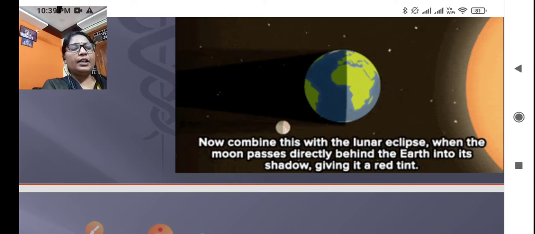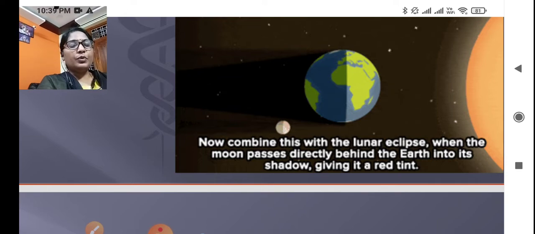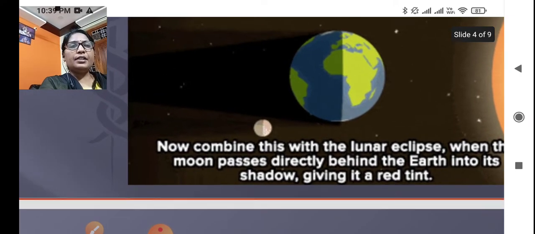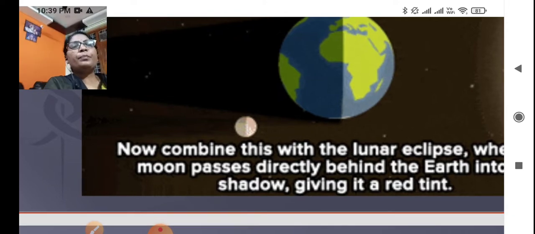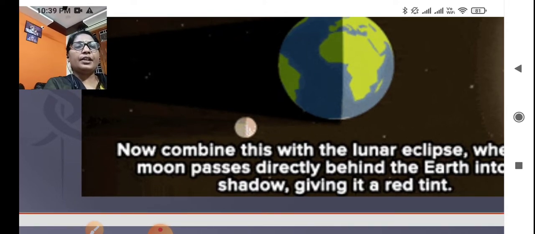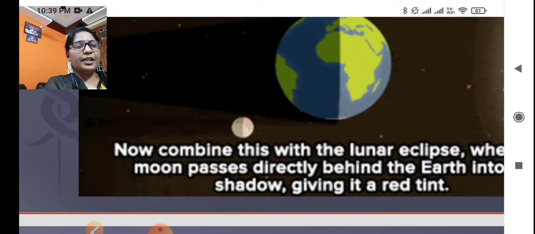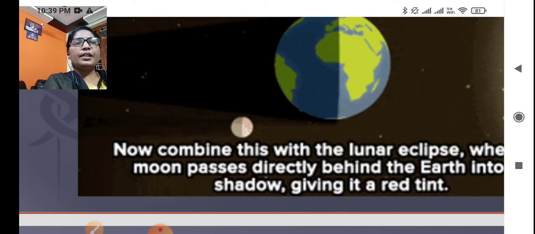It blocks the light of the sun from reaching the moon. Hence the moon cannot be seen, either partially or completely. That's called a lunar eclipse. So who is there in the middle in a lunar eclipse?